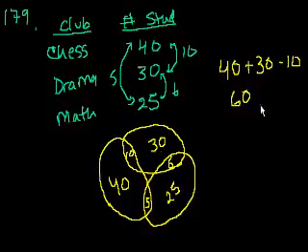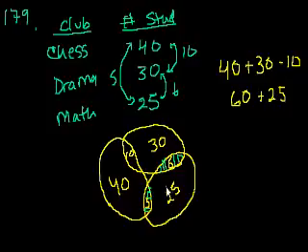And now if we add 25 students, so we're adding the math club to that, who are we double counting? Now we're double counting these 6 that we've already counted, because we added them in the 30 from the drama club. And we're also double counting these 5, which we added when we first took into account the 40 from the chess club.